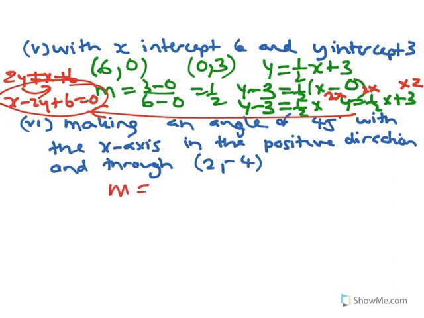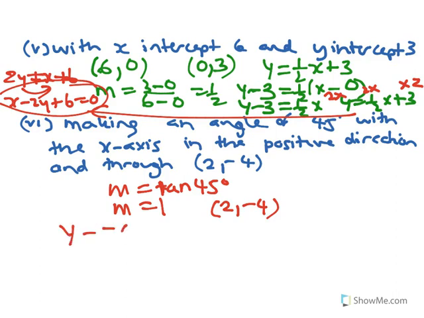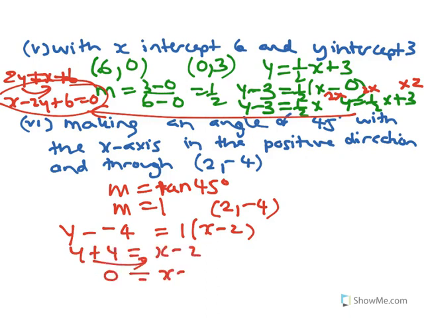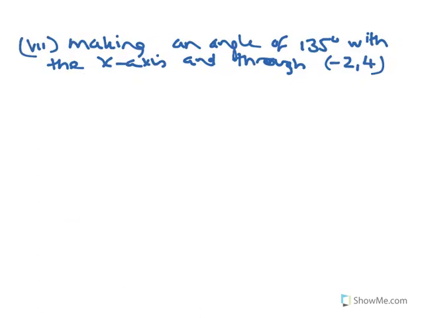Okay, now if we make an angle of 45 degrees, then the gradient equals tan 45. If you put that in your calculator, you get 1. So this is 2, 4. Y minus 4 equals 1(x minus 2). Bring everything to the one side, and you get x minus y plus 2 equals 0.